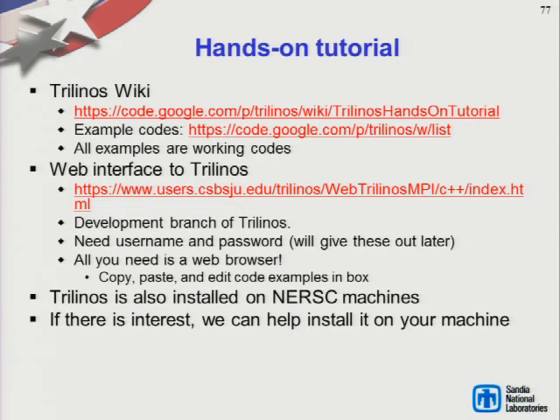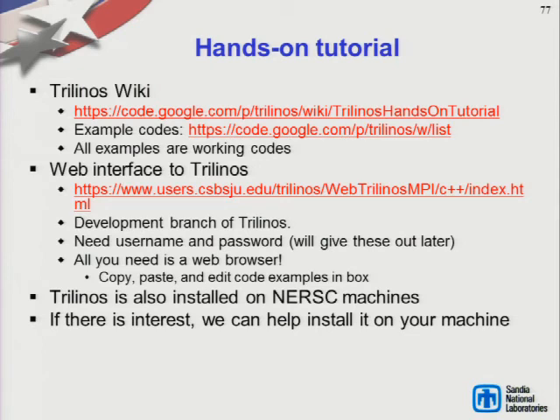There's the web interface to Trilinos. The College of St. Benedict and St. John's University in Minnesota host our web Trilinos. Basically, it hosts the development branch, although we're actually going to use a release for our examples here. There's a username and a password for it, which I'll give out during the tutorial. Basically, it's a website where you cut and paste your code in. There's a reason why there's a username and password on that: effectively, they're allowing us to run arbitrary code on their machine.